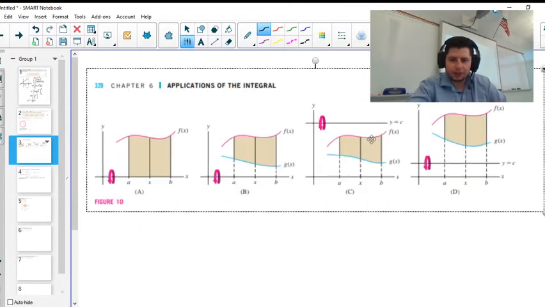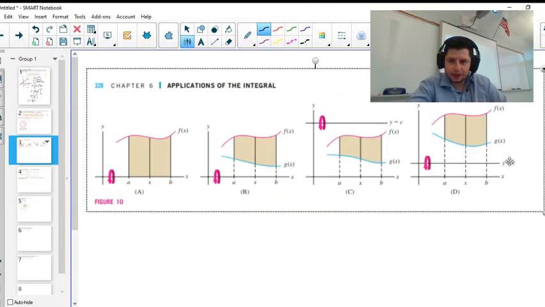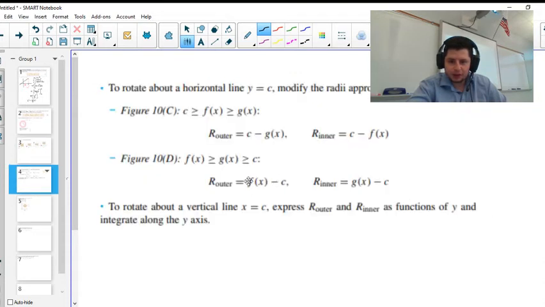That's just because f of x is closer here, and g of x is further away. Imagining rotating around this one, f of x becomes your outer radius, so we subtract the c from f of x, and here we subtract the c from g of x.